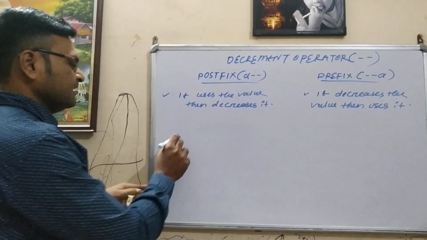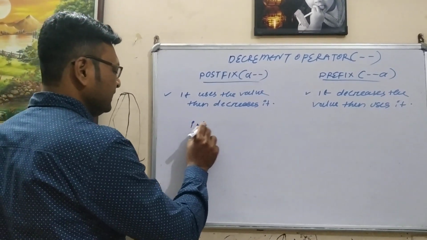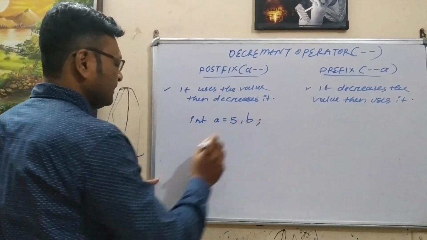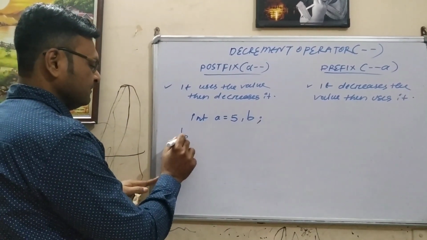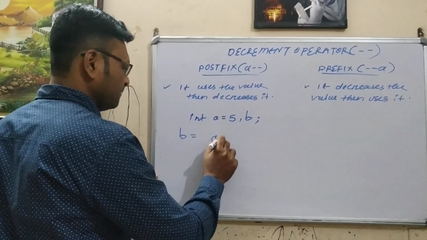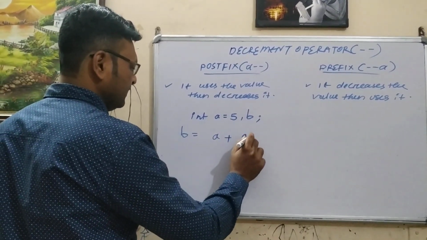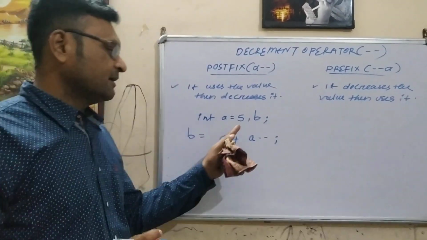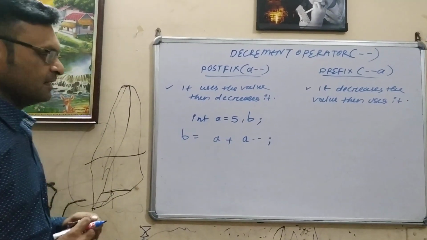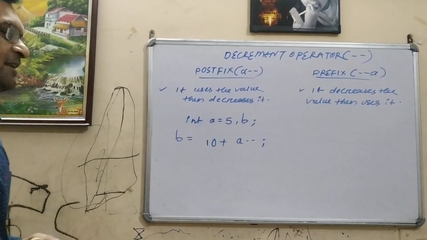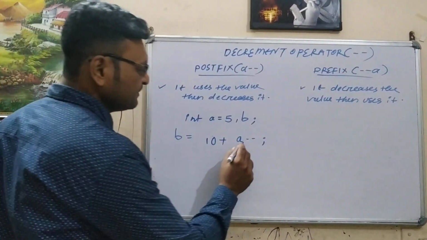Now you can see the example, int a = 5, b. Then here I have written b = 10 + a--. Then how will it be evaluated?